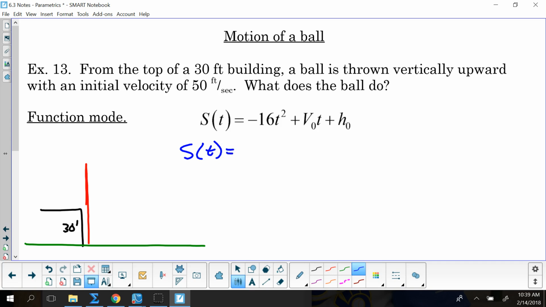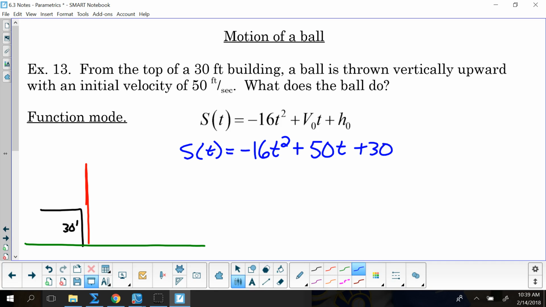S of t is going to be negative 16, that stays constant, t squared plus 50t plus 30.